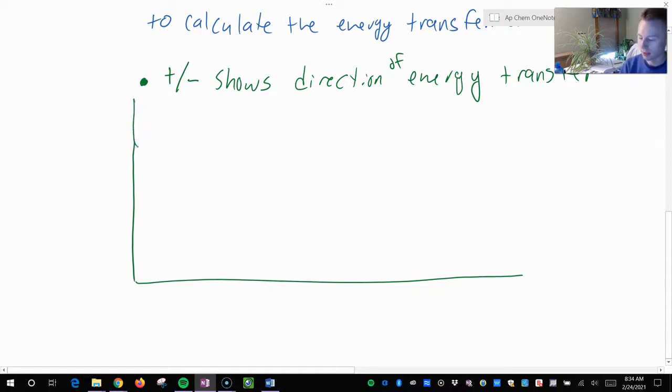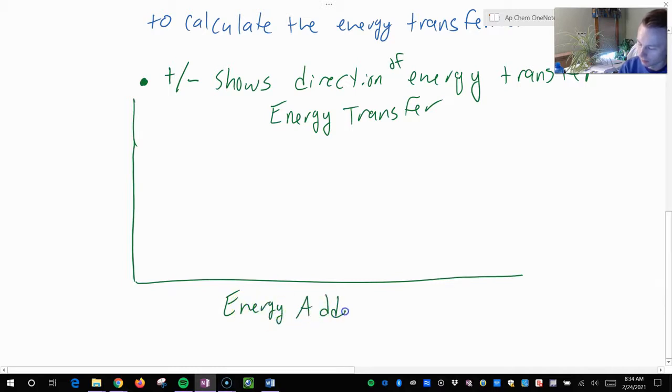This is going to be called a phase change energy transfer diagram. We have temperature, no, not temperature, energy added down here, and temperature over here.